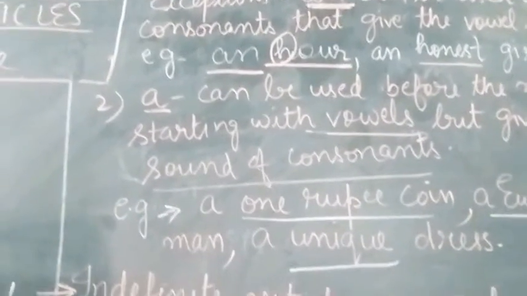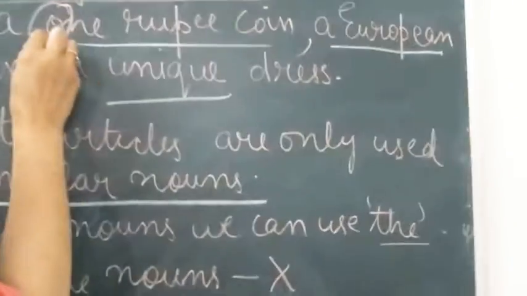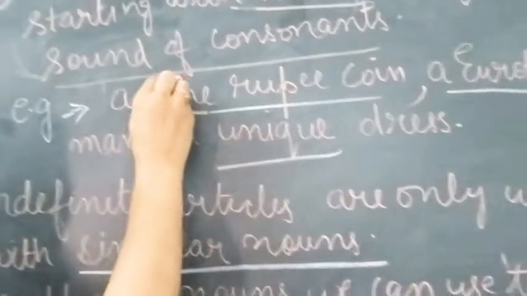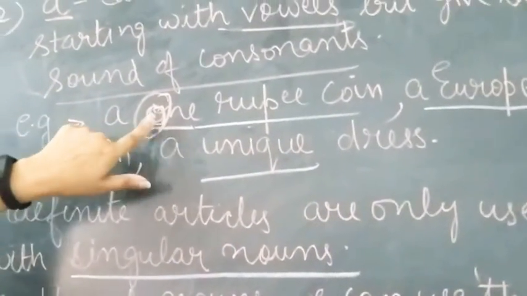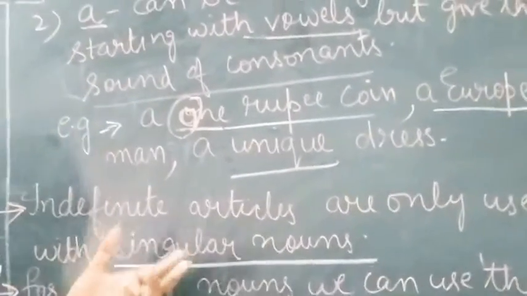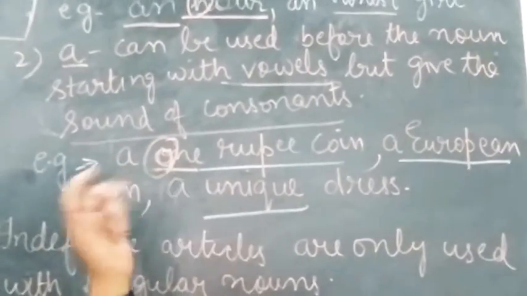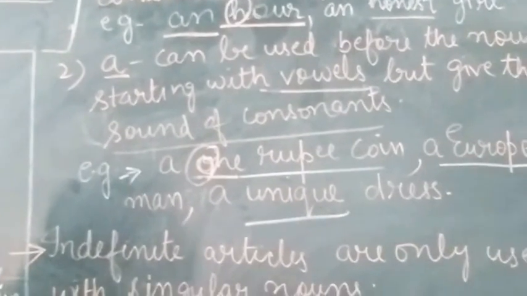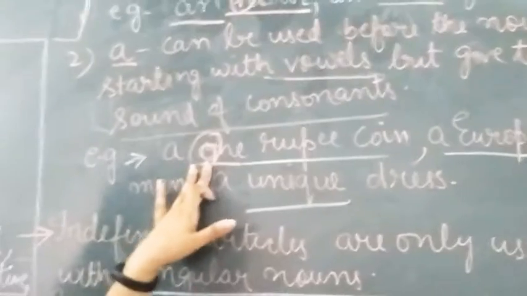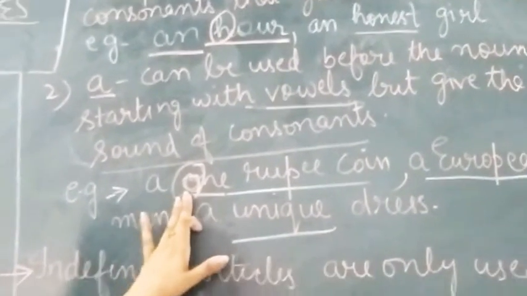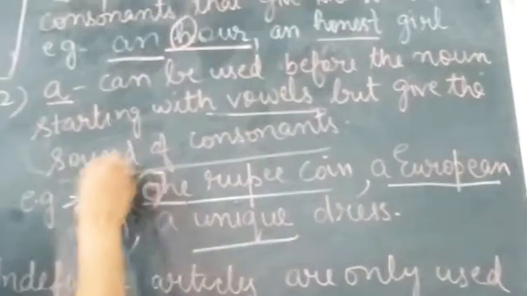For example, a one rupee coin. Here, O is a vowel, we know: A, E, I, O, U. But when we pronounce this word, one, we are getting the V sound. We are not getting an A, E, or O sound. We are getting the V sound. So here we have used the article a.